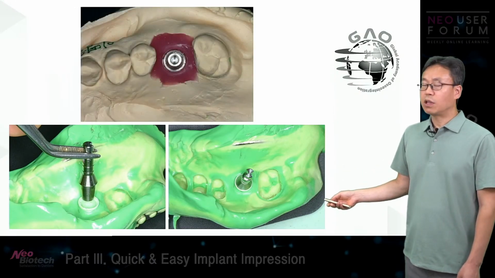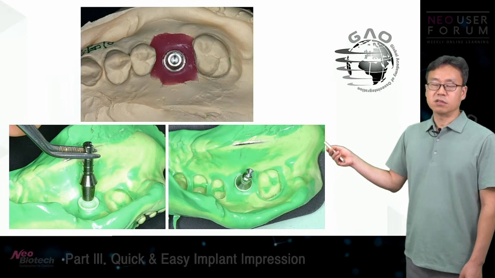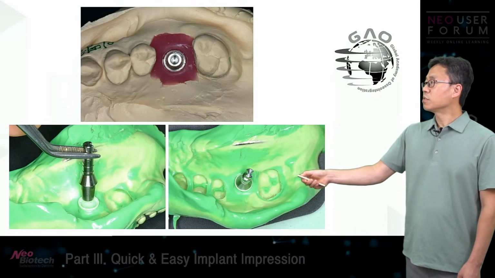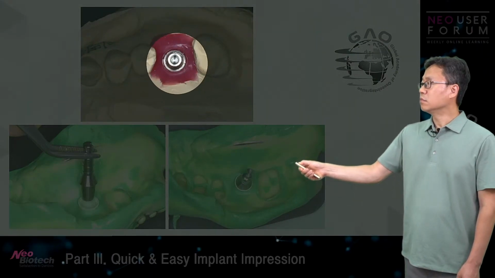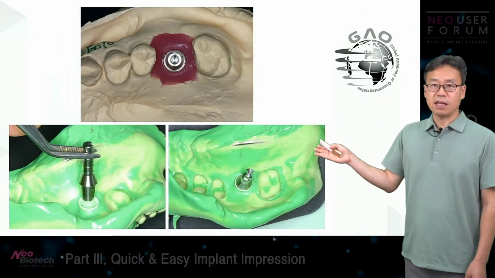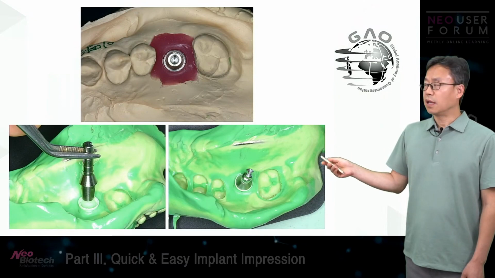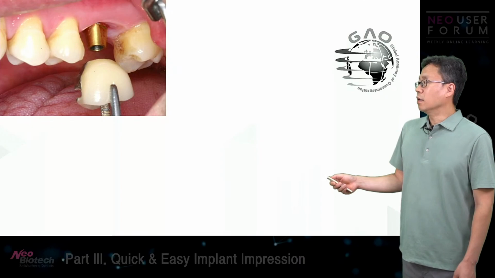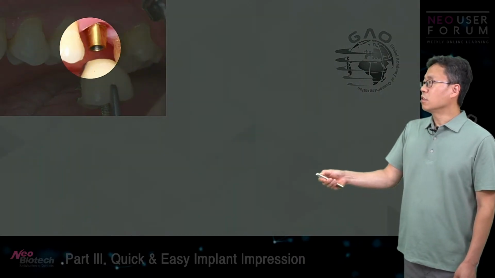So this is what you get after the stone model fabrication. Pretty much the same condition that the patient has right now. And when the patient comes back, this is what the patient looks like.